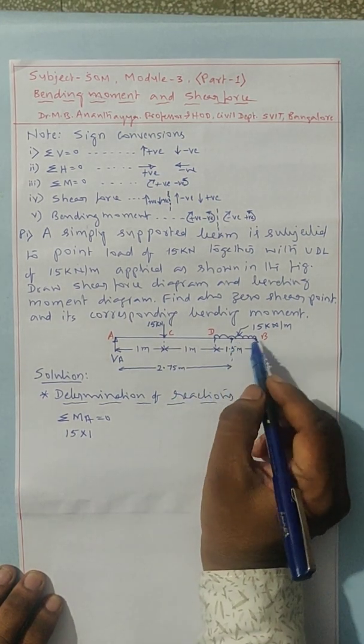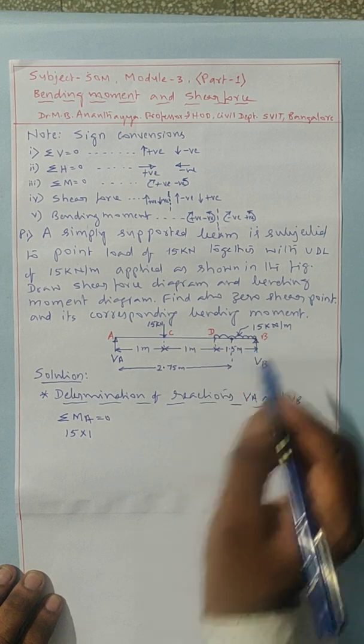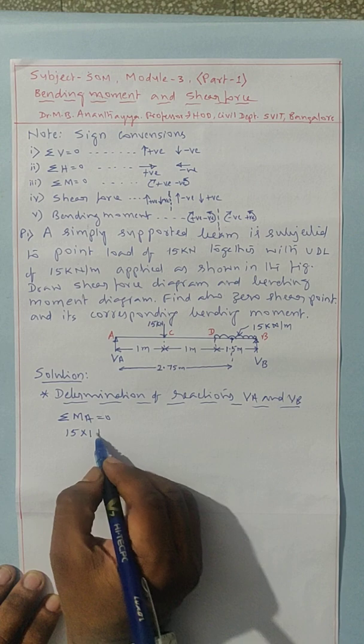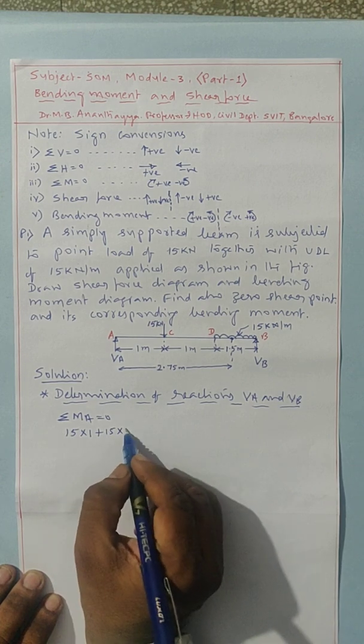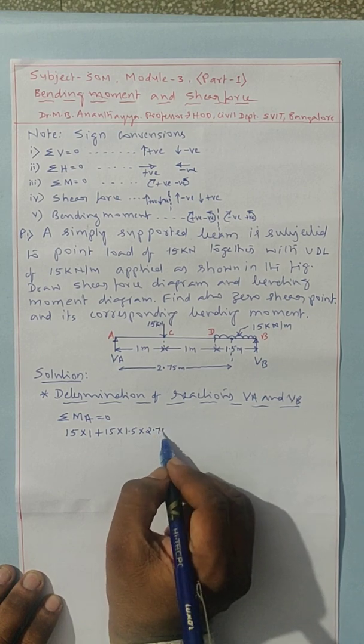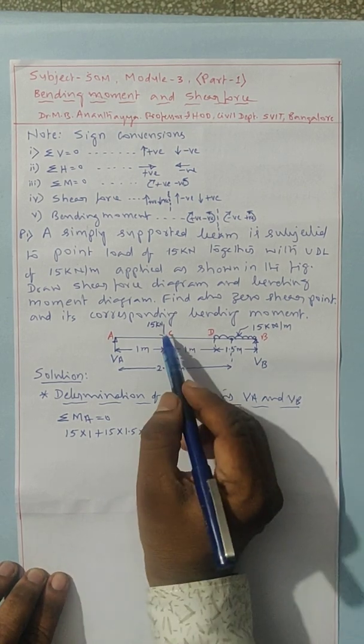Therefore, the total load is 15 into 1.5. It will also create clockwise moment about this point. Therefore, plus 15 into 1.5 into 2.75.